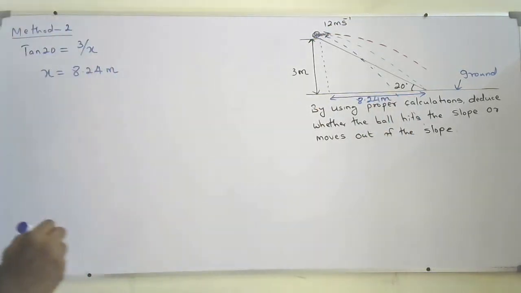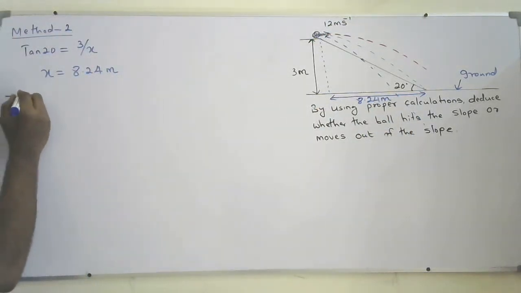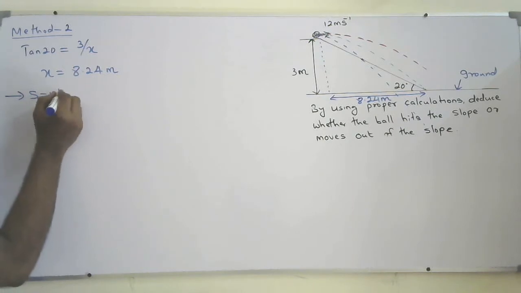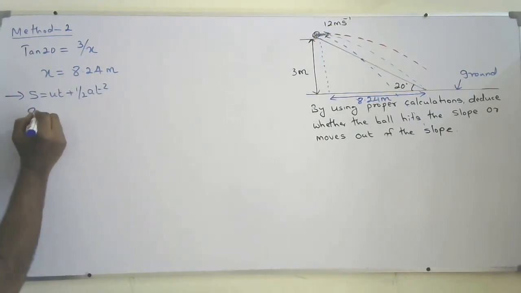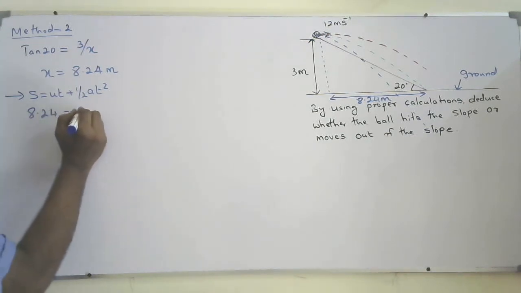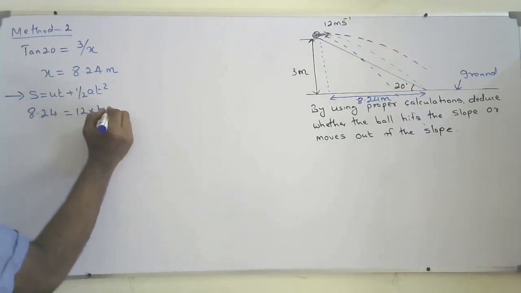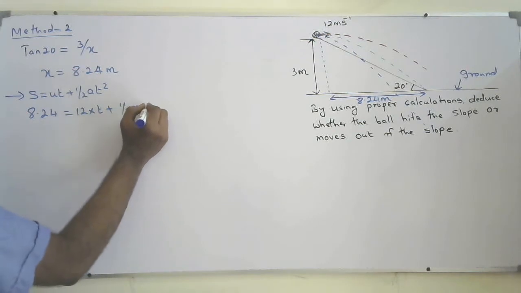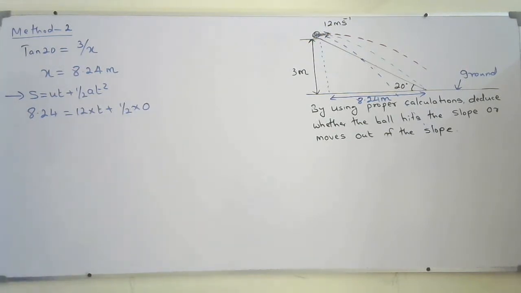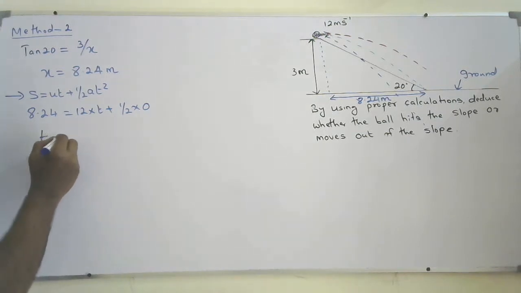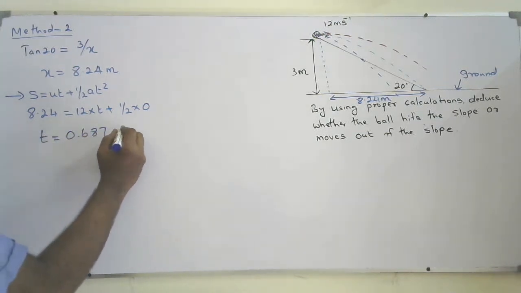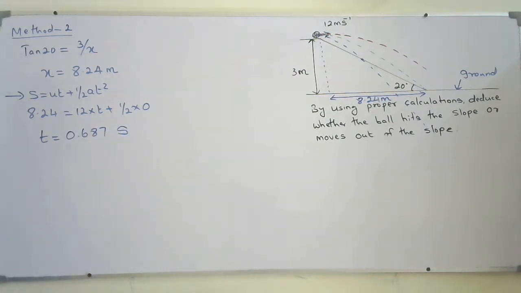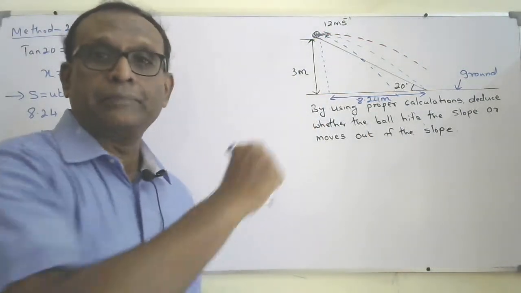Horizontally use x equal ut plus half at squared. So 8.24 equal 12 into t plus, horizontally no acceleration. So the time will be 0.687 seconds. That's the time taken to complete horizontal displacement of 8.24 meter.